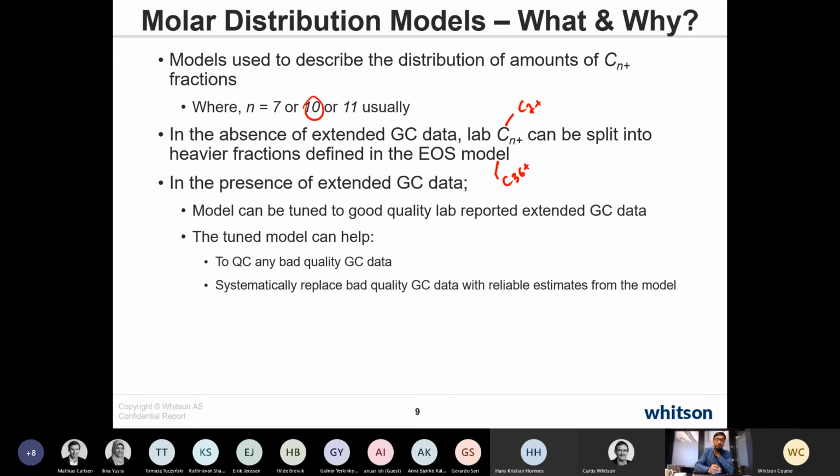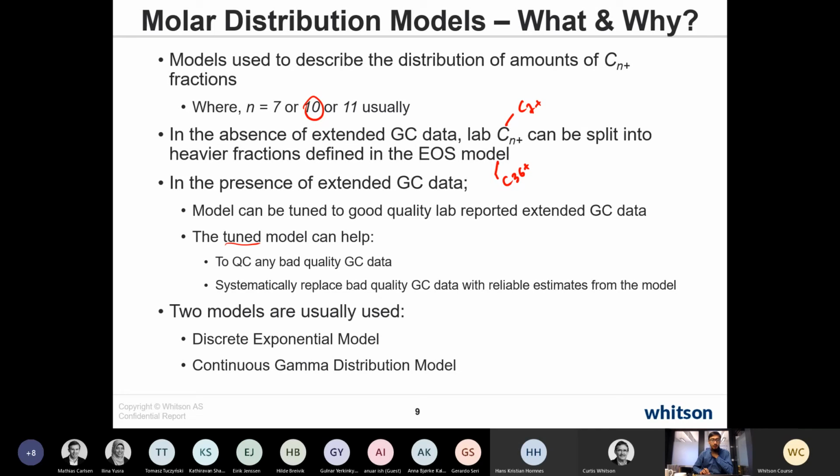Then this tuned model can help us to QC any bad quality gas chromatography data, and systematically we can replace any bad GC data with reliable estimates from the model. We will see some examples of this in the coming slides. So now we have two kinds of models. One is the discrete exponential model, and the other is the continuous gamma distribution model. We will see why we say the exponential model is discrete, and continuous with the gamma model.